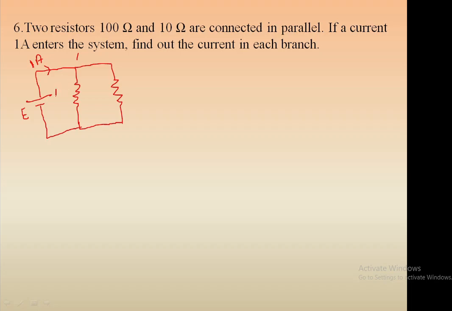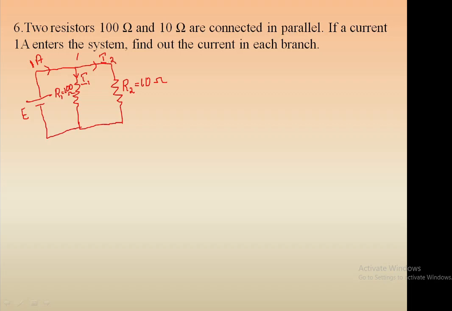So here let us write R1, let us take 100 ohm, and this is R2, that is equal to 10 ohm. Okay, now the 1 ampere current is split into two. So this is taken as I1, and the current through 10 ohm can be taken as I2.